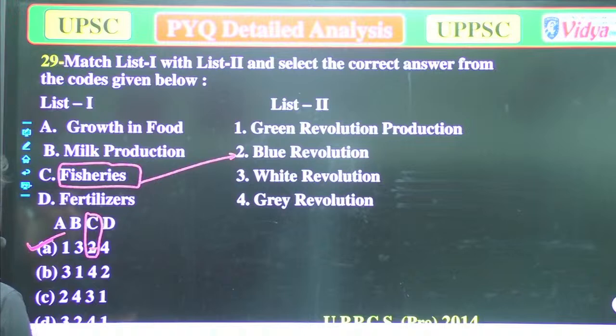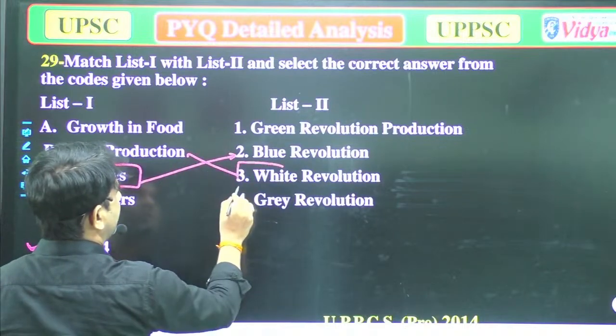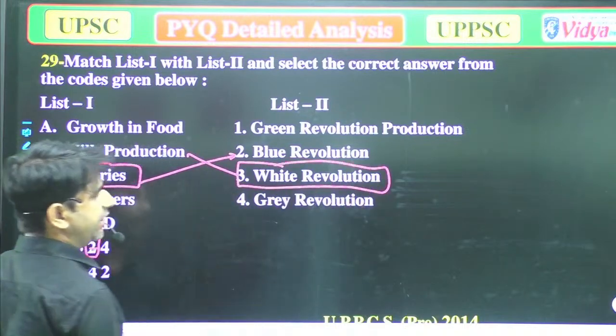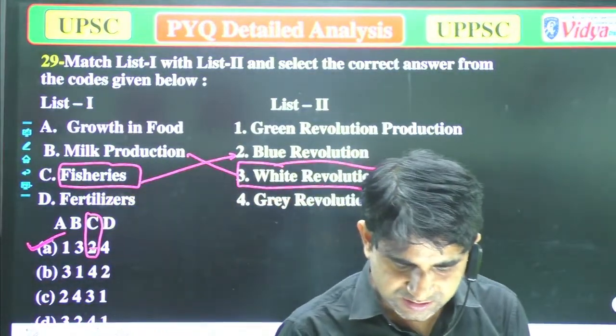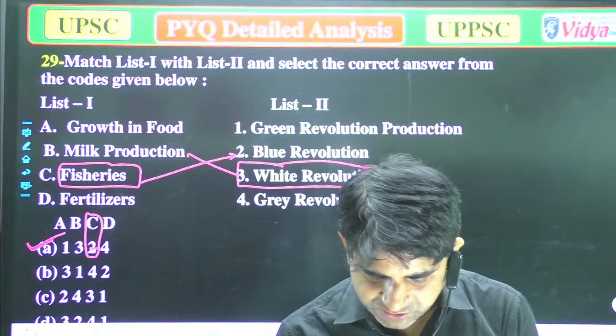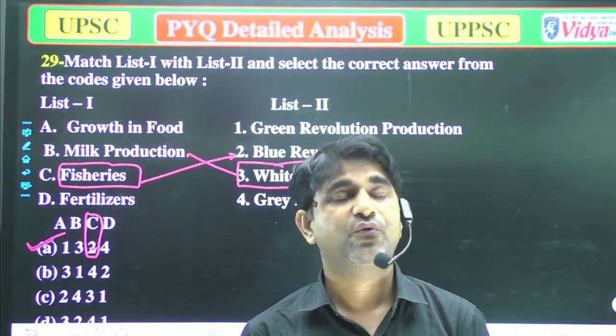But we will also try to match the rest. Milk production is related to the White Revolution, and Sir Verghese Kurien is known as the father of the White Revolution.